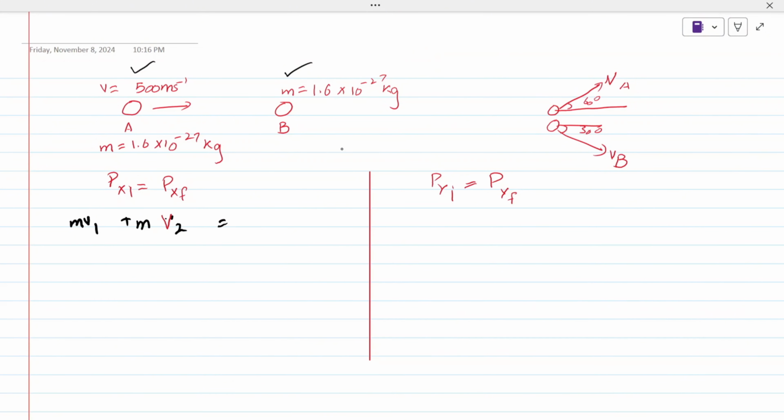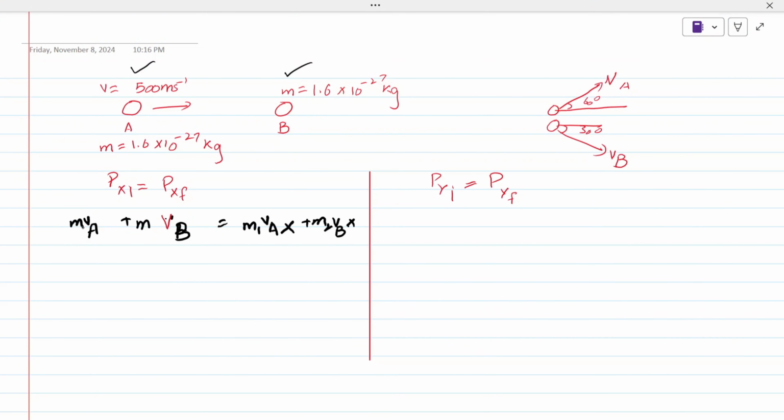Now what is the momentum on the x-axis finally? m1 v1x, here m1 and m2 are mA and mB, so we write m1 vAx plus m2 vBx.